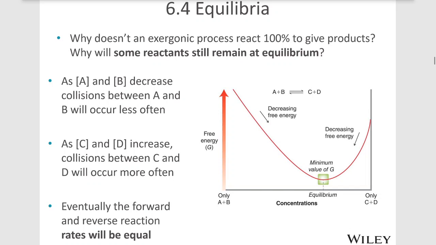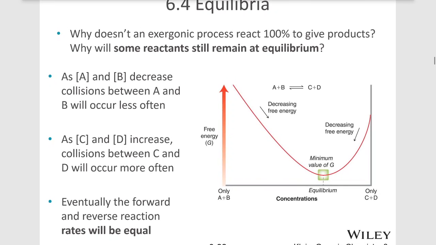So an exergonic process doesn't generally give us 100% products. Some reactants will usually still remain at equilibrium. So as we start at A plus B and we begin to form C and D, then C and D begin to build up, and as C and D build up, then C and D begin to form A and B until we eventually reach some minimum value that's the most favorable, and that's our equilibrium concentration.